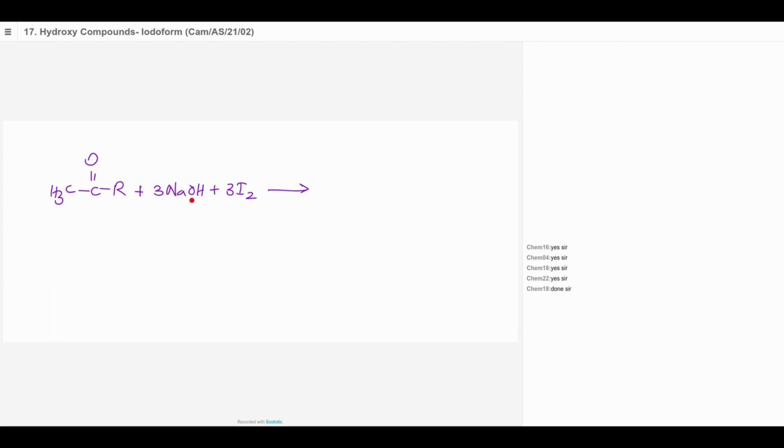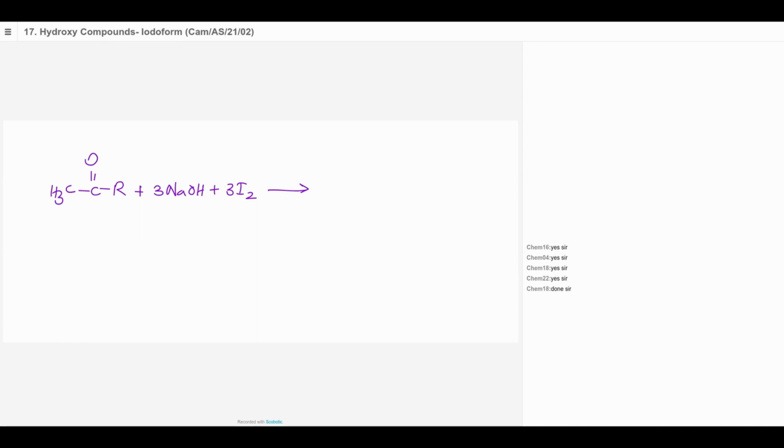What happens here is that in the presence of iodine, these three hydrogens, you can see the hydrogens attached to the methyl group, which is attached to the carbonyl. These three hydrogens are quite weak. The bond is quite weak because the carbonyl group is pulling electrons. So carbonyl groups are electron withdrawing groups, right?